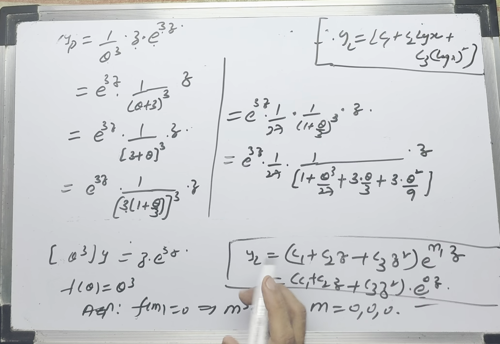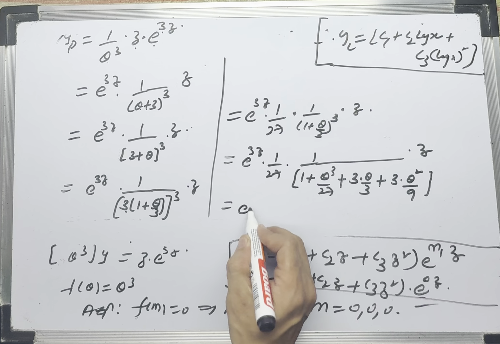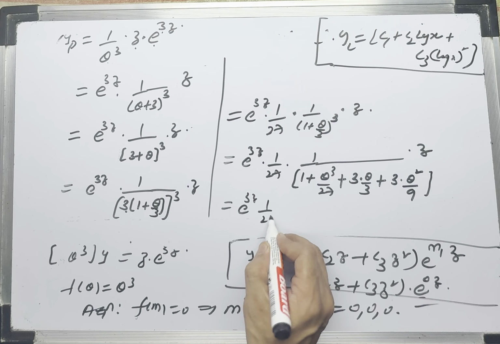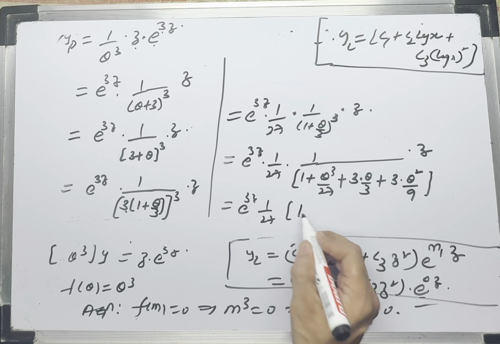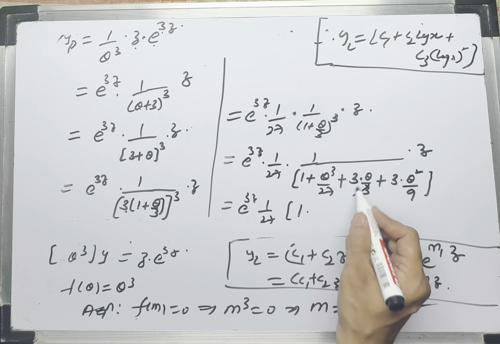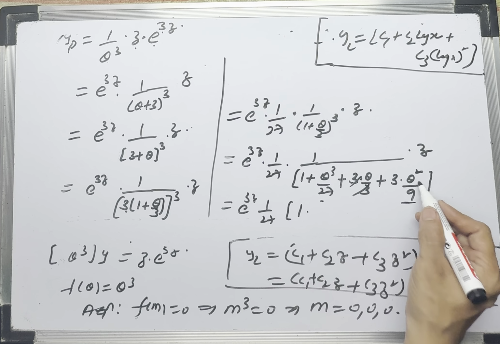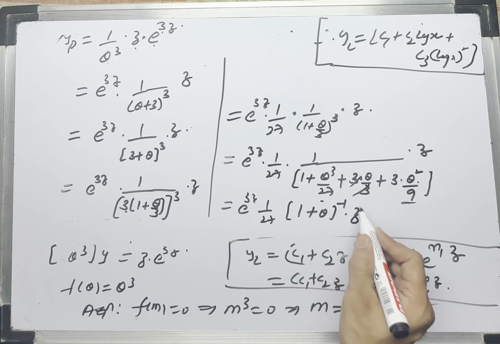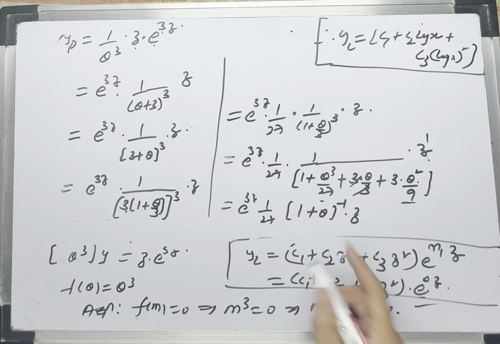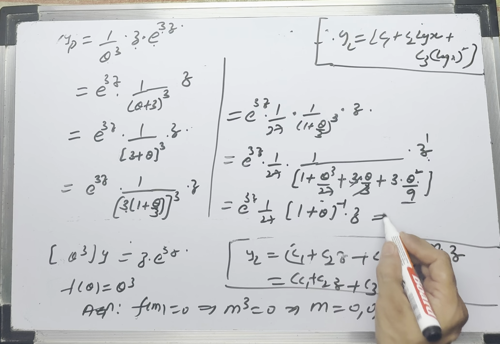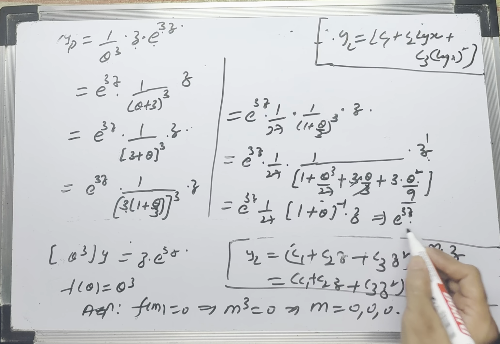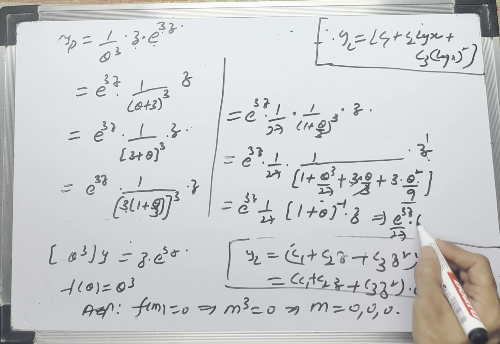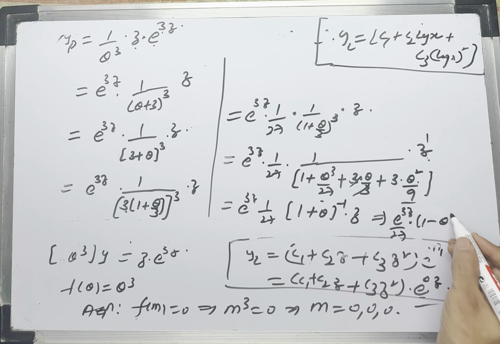This term we will take to numerator and eliminate cube, square and square terms. Reason of eliminating that, because we have z power 1, so ignore those values. E power 3z by 27 into 1 minus theta plus theta square also I am not taking.